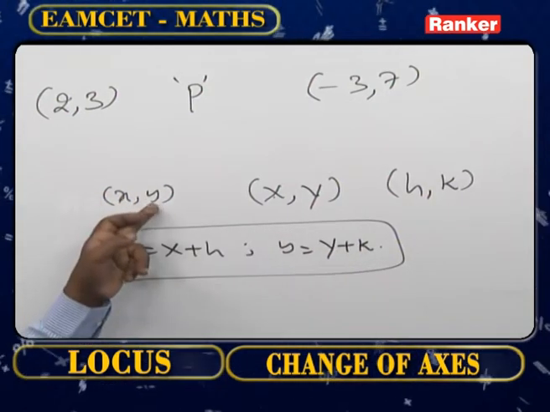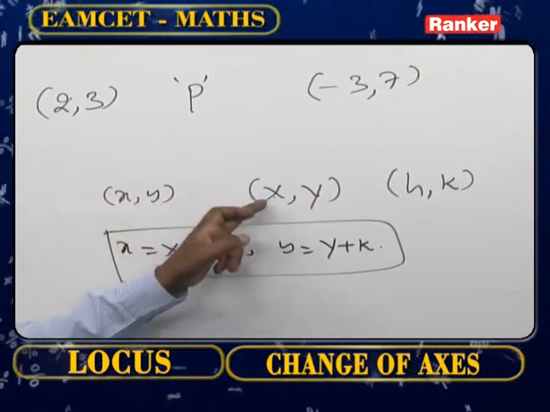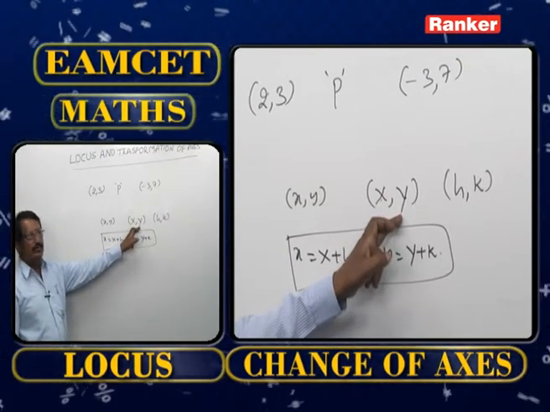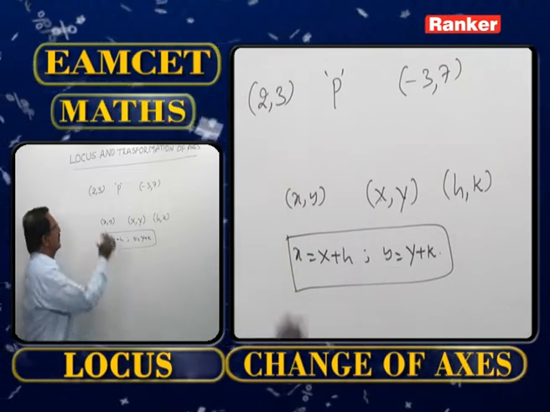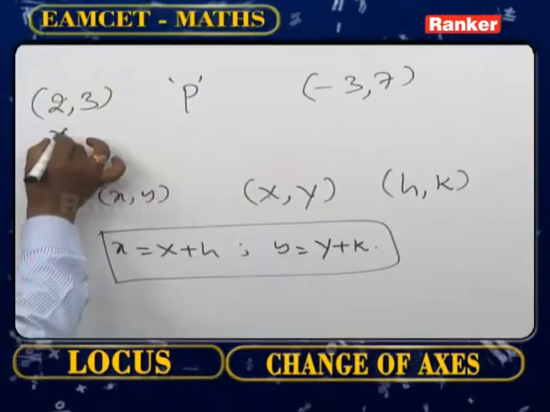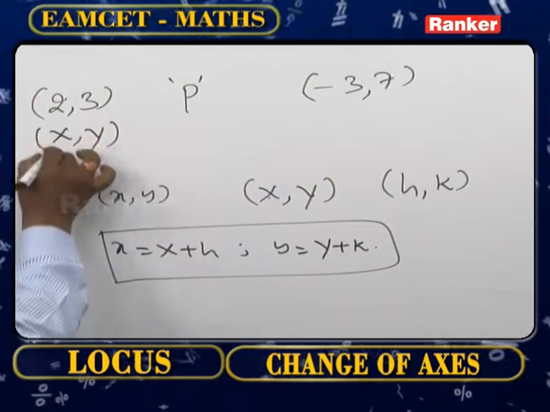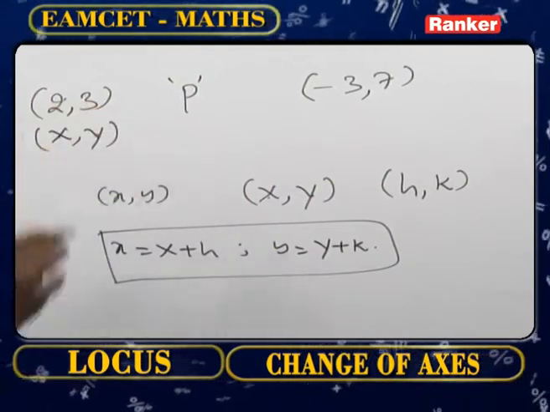Here small x, small y is the original point, capital X, capital Y is the new system point, and h, k is the point the origin is shifted to. Now here 2, 3 is the new system point.